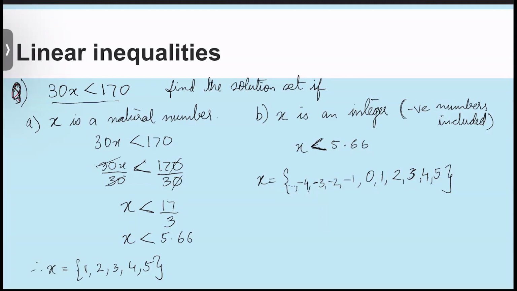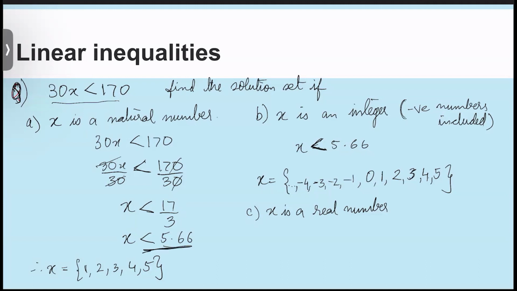And if x is a real number, the solutions will consist of all the numbers on the negative side all the way up to infinity, and the positive numbers only up to the number 5, because this condition does not change.